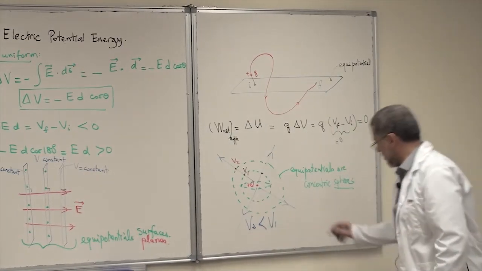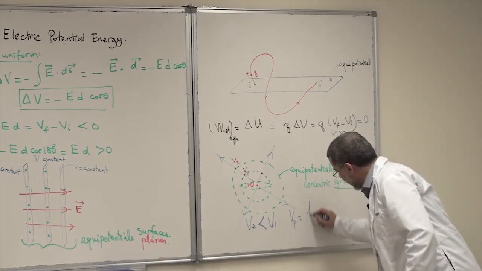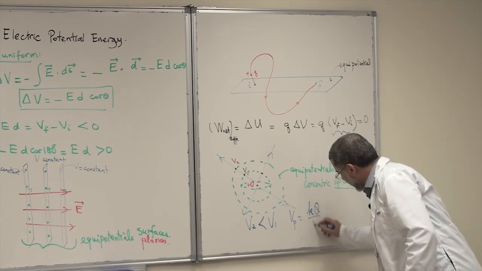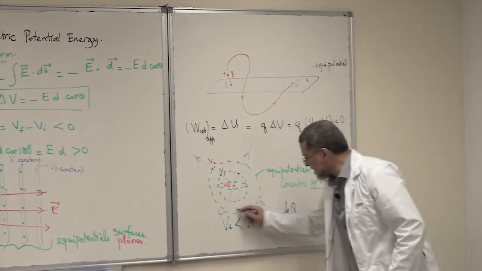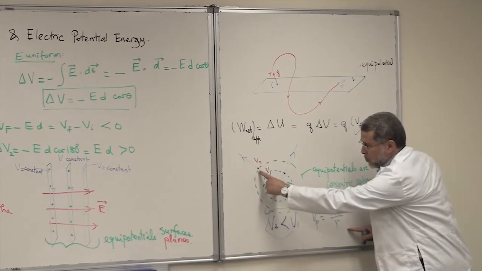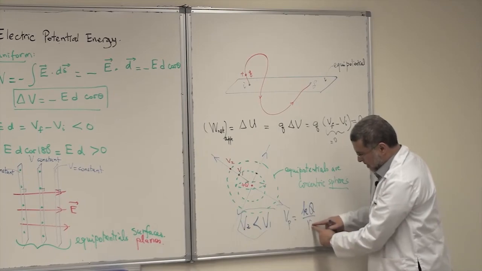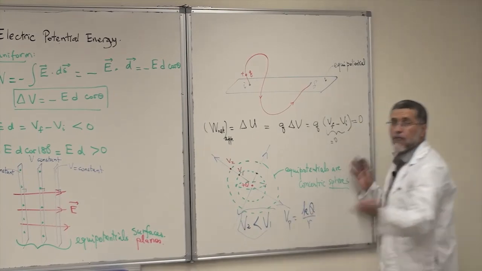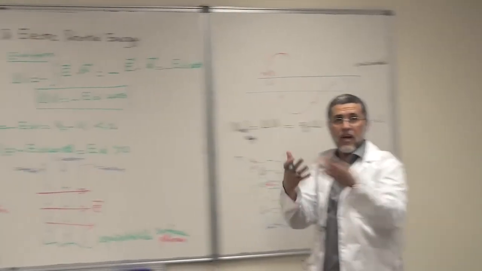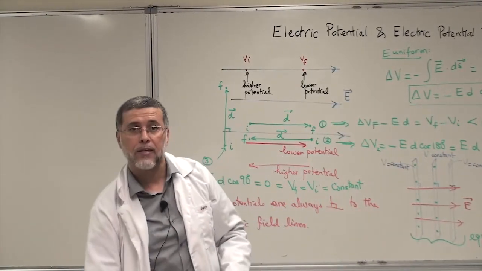And if you remember, we wrote the potential for a point charge: V equals K Q over R. Can you tell me why V2 is less than V1 from this equation? Because at V2, the R is bigger than at V1, and therefore bigger R, smaller potential. Everything makes sense. Things have to be together like this. There will be no confusion in this case.